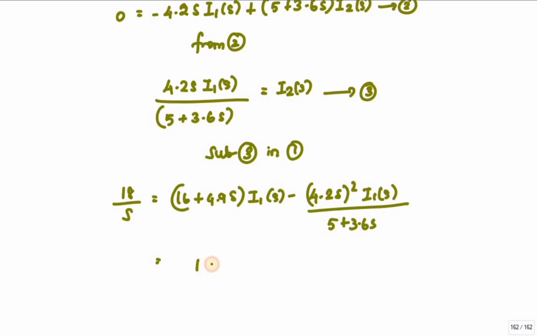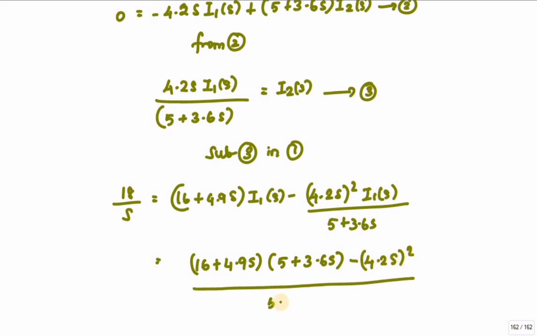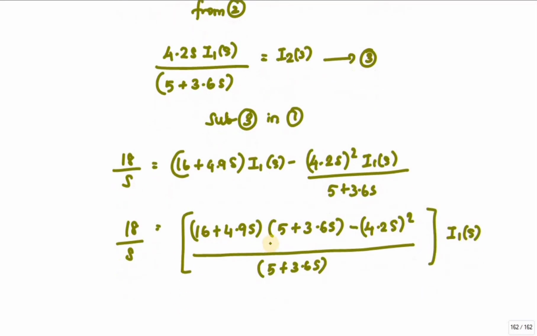Once you rearrange and solve this equation, I get (16 plus 4.9 s)(5 plus 3.6 s) minus (4.2 s) whole squared, divided by (5 plus 3.6 s), into I1 of s, equal to 18 divided by s.